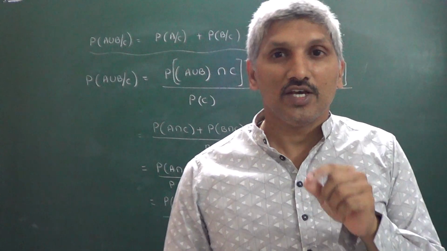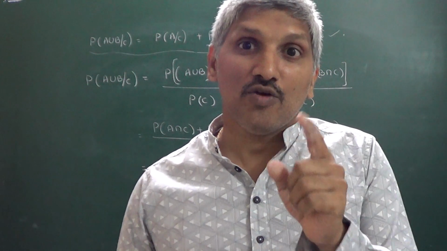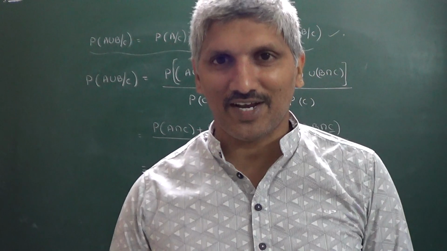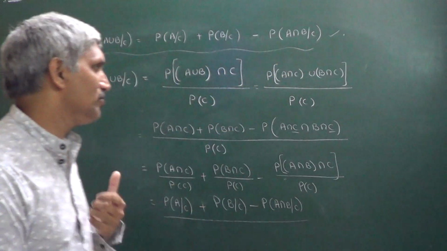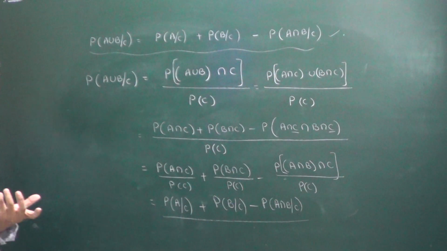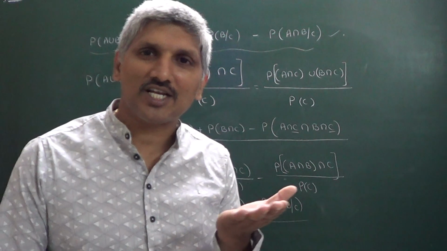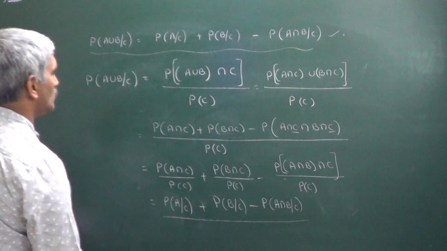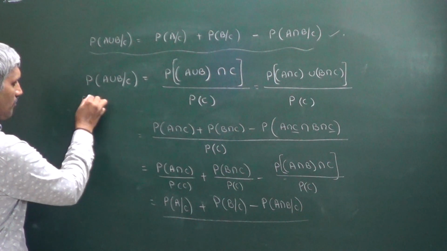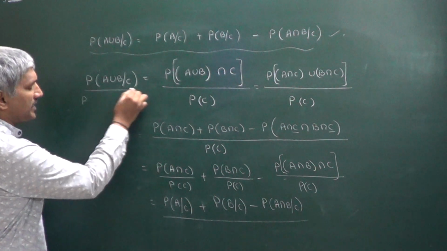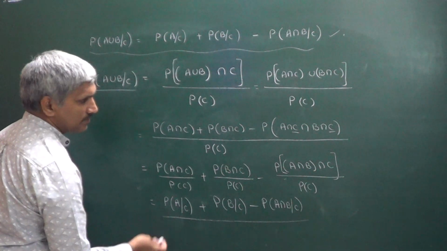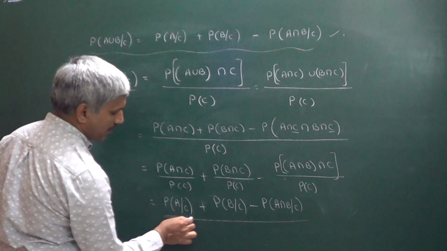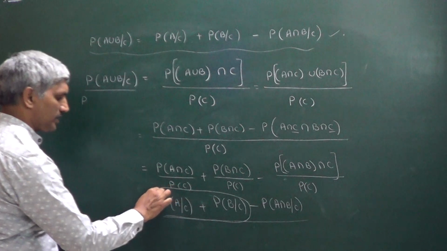But now, if A and B are mutually exclusive events, what happens? P(A ∩ B) becomes 0. So in the case of mutually exclusive events, we can write P(A ∪ B | C) as P(A|C) plus P(B|C).